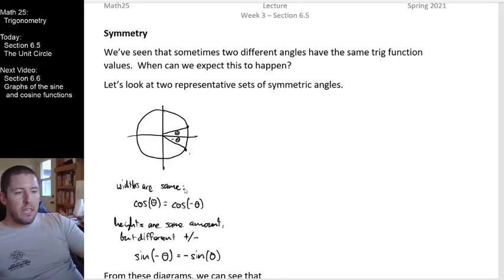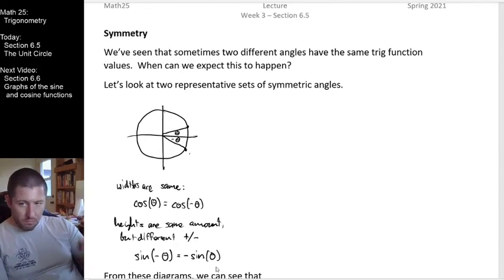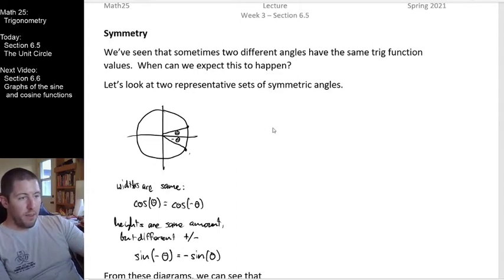So these two statements, that cosine of theta is always equal to cosine of negative theta, and that sine of negative theta is the negative of sine theta, are true for all angles, which is really convenient for us. Now, some other things we want to see: what we're trying to describe is what happens if we do a negative angle. How does it relate to a positive angle?